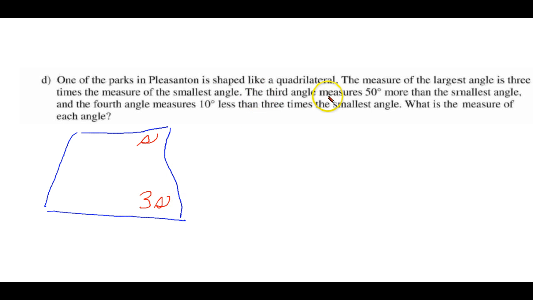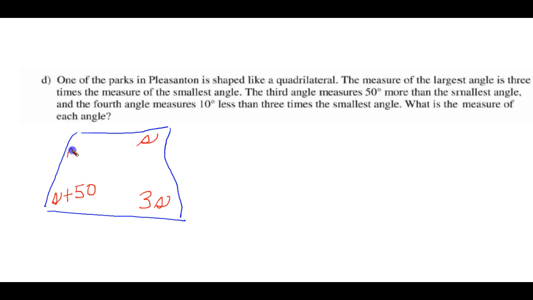The third angle is 50 more than the smallest angle. So the smallest angle plus 50. And the fourth angle measures 10 less than 3 times the smallest angle.